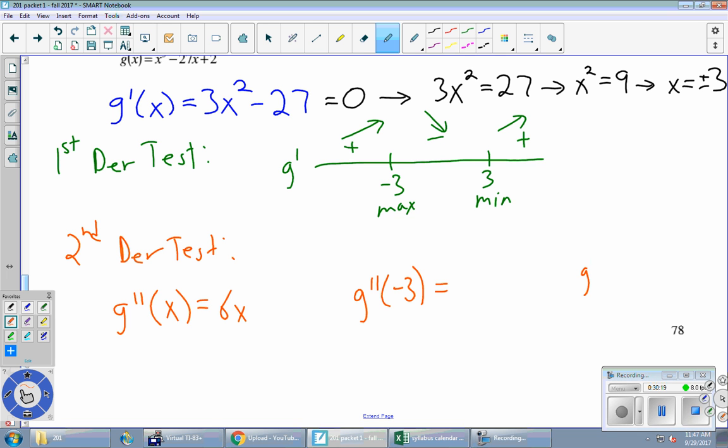And if I do g double prime of +3, I'll get some number. So when you plug -3 in, what do you get? -18. All I care about is whether it's positive or negative. And when I plug 3 into the second derivative, we get 18. Again, all we care about is positive or negative.